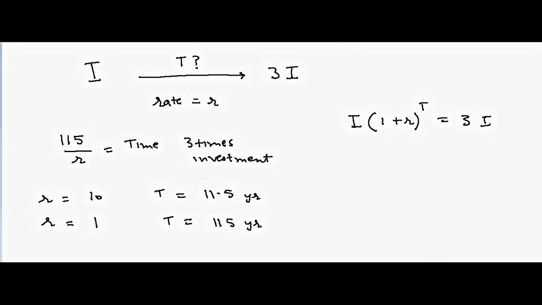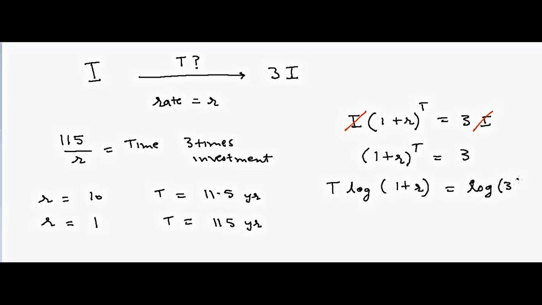In that case, your I will cancel out, and we're left with 1 plus r raised to power t is equal to 3. If we solve this equation, we can take log on both sides. So t times log of 1 plus r is equal to log of 3.